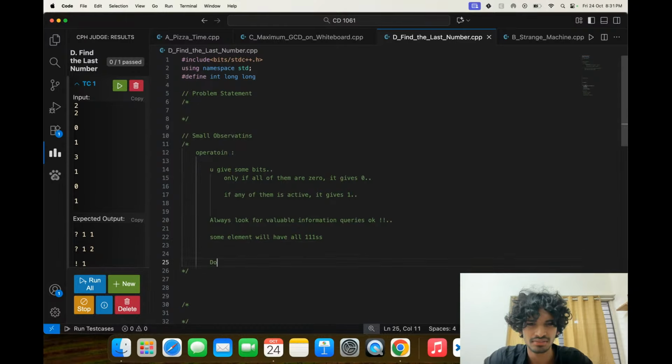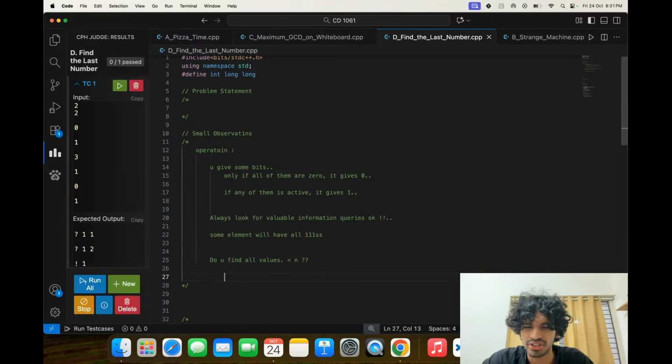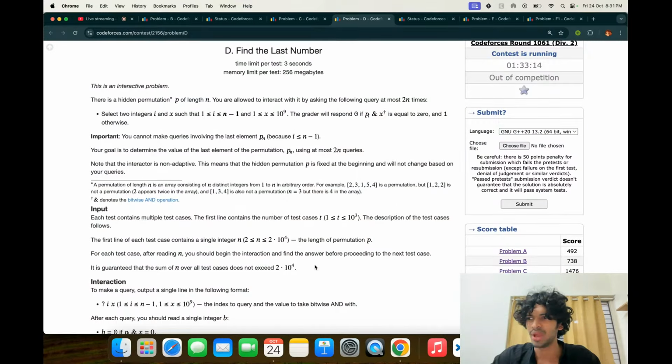Do you find all the elements less than n? Maybe, right? Otherwise, how is it possible that you can determine this? You have to prove that everything else is before that. Otherwise, if you cannot prove that this value is not here, then that value could have been here. You have to find all of them.